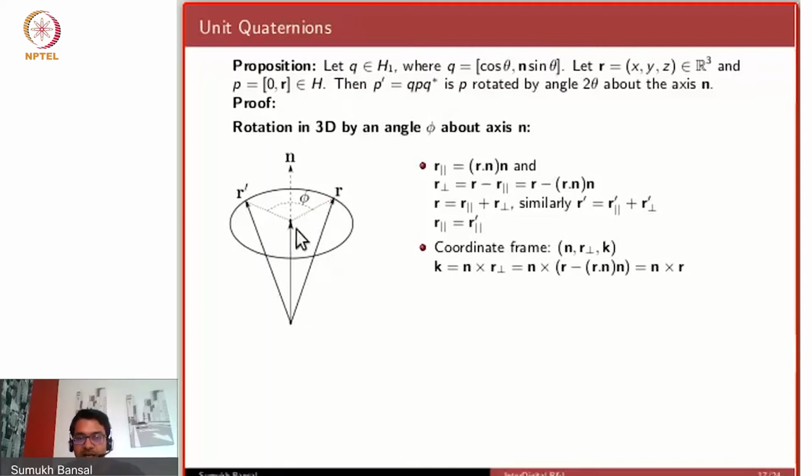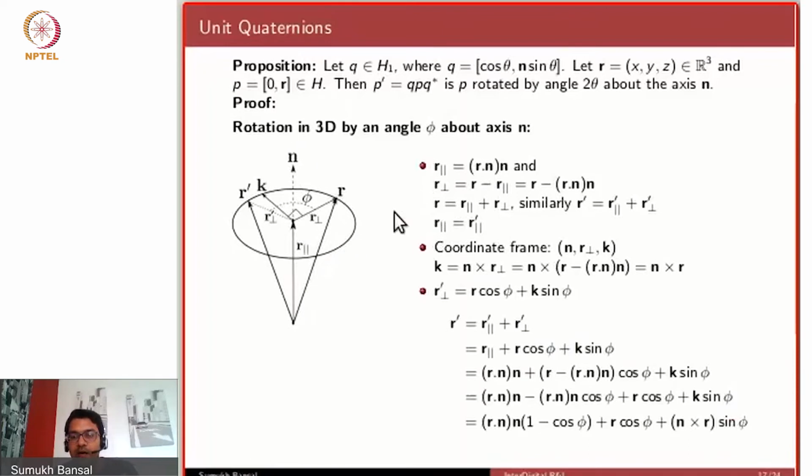So this is the vector r, and we want to rotate it by angle phi. So the vector r can be represented by its component along and orthogonal to vector n. So let's represent these components by r parallel and r perpendicular.